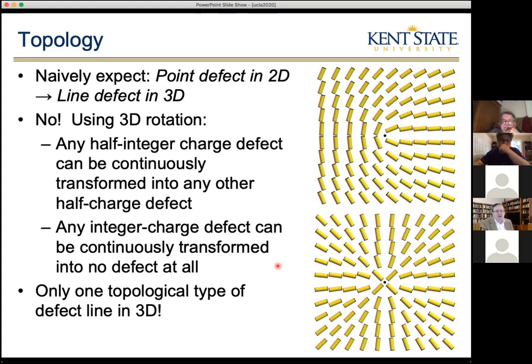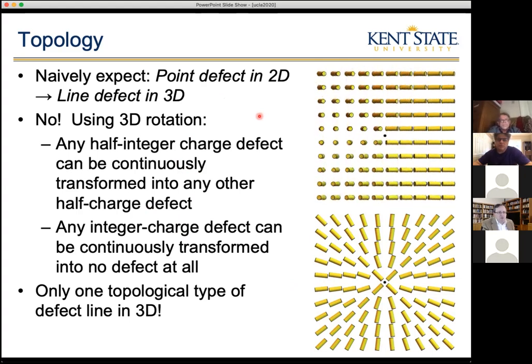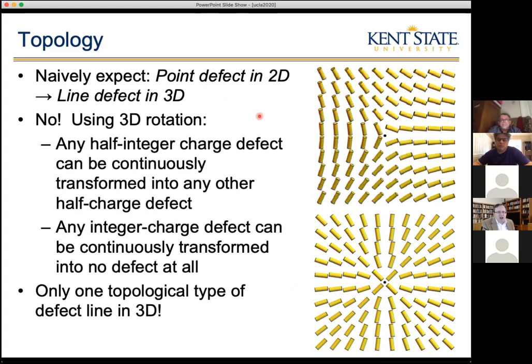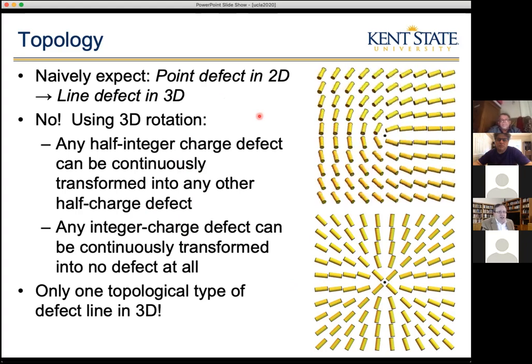It is an interesting result of topology that is not the case when the director is free to rotate in 3 dimensions. And to demonstrate that, I have my little movies. In the top movie, what you can see is I was continuously transforming the +½ to a -½ via rotation in the 3rd dimension.